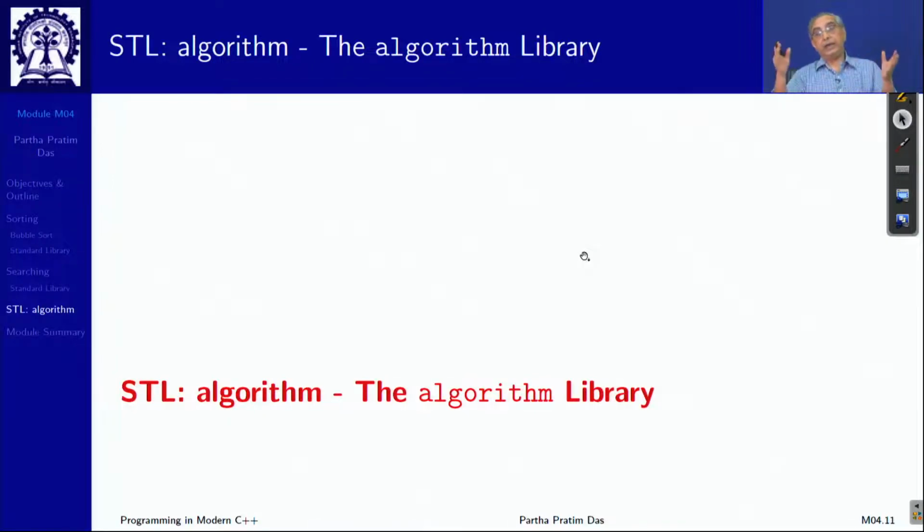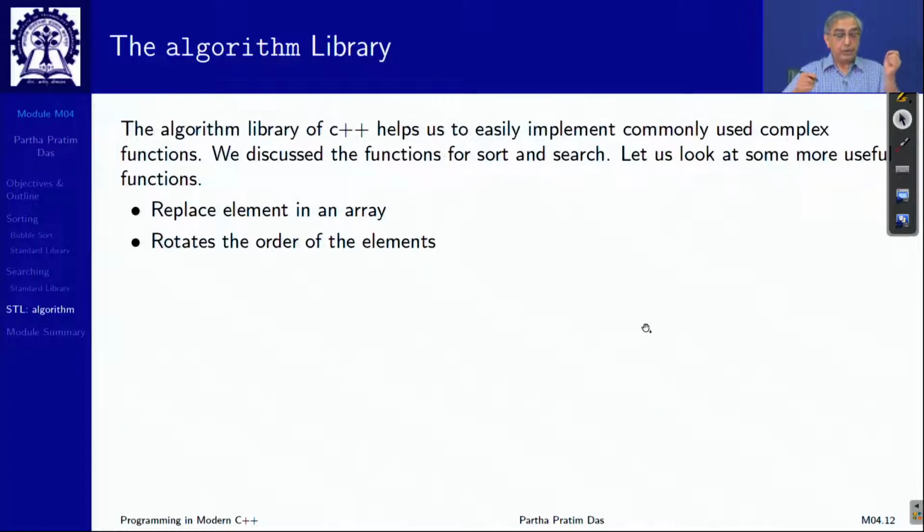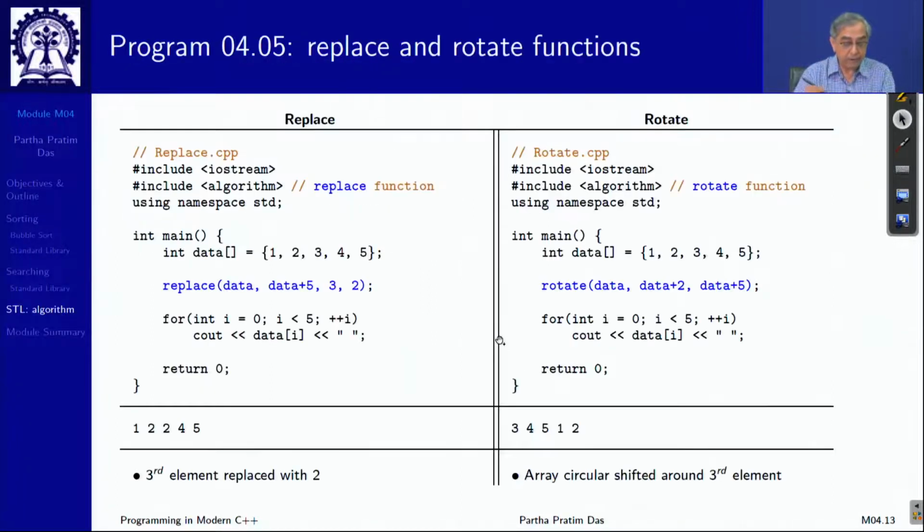Now, this algorithm library has several other functions as well, which are of great convenience. For example, you can replace an element in an array, you can rotate the elements in the array, which are things you require in various algorithms. So, here I have given code snippets to show the use of some of these functions, like replace here, which will take the range, which now you have understood is the style of doing it.